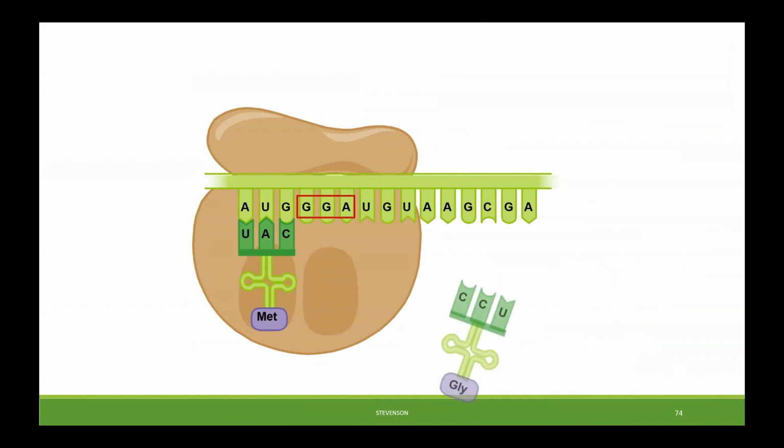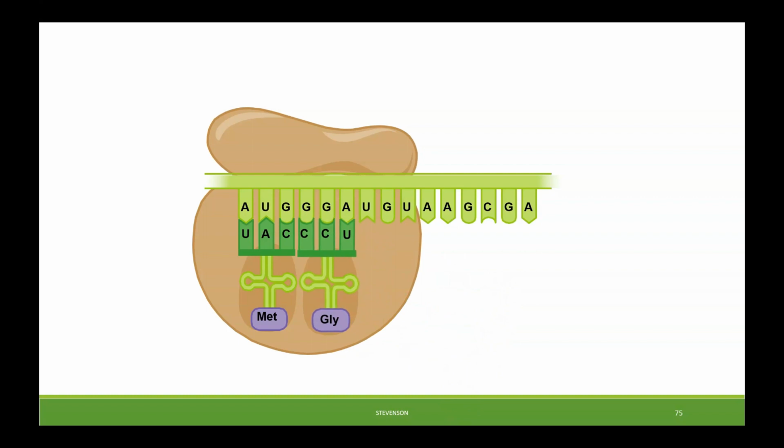It will call up a tRNA molecule that's a match for GGA, which has CCU in it, and it will be carrying the amino acid glycine, which is what the GLY stands for. This tRNA will then enter the ribosome alongside the first one, and then a new bond will form, which will link the 2 amino acids to each other.